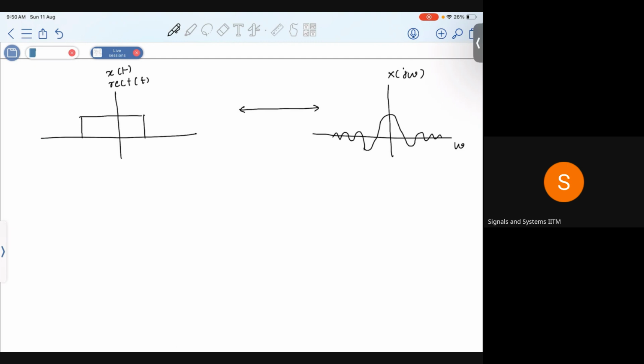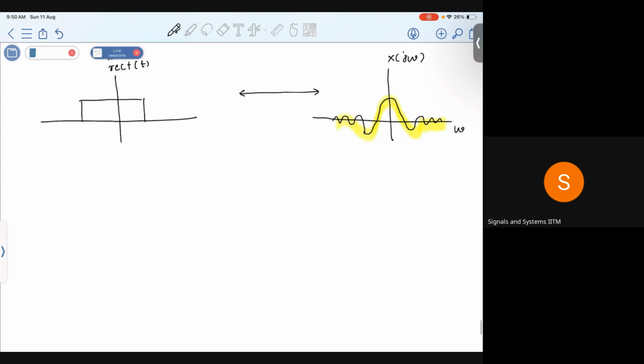Now we are not looking at the time axis in the frequency domain. What we are saying is, take this entire signal, plot the same signal, whatever you just saw in the frequency domain, in the time domain.